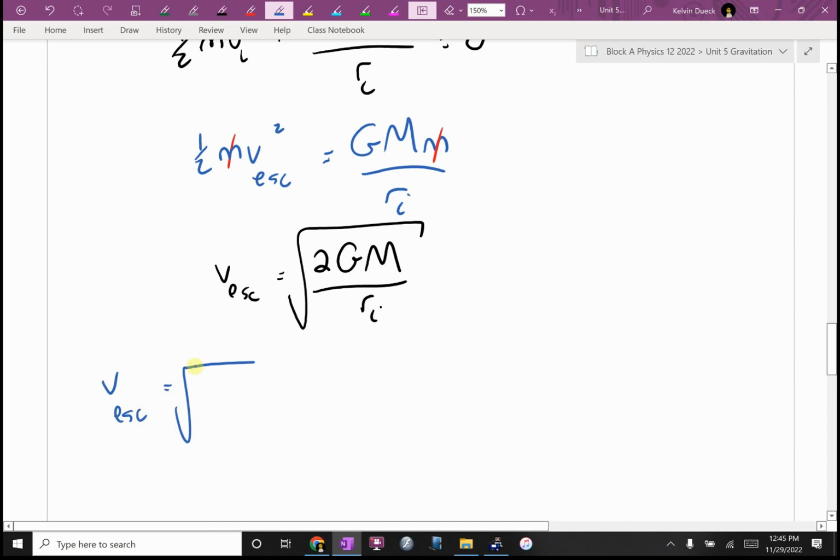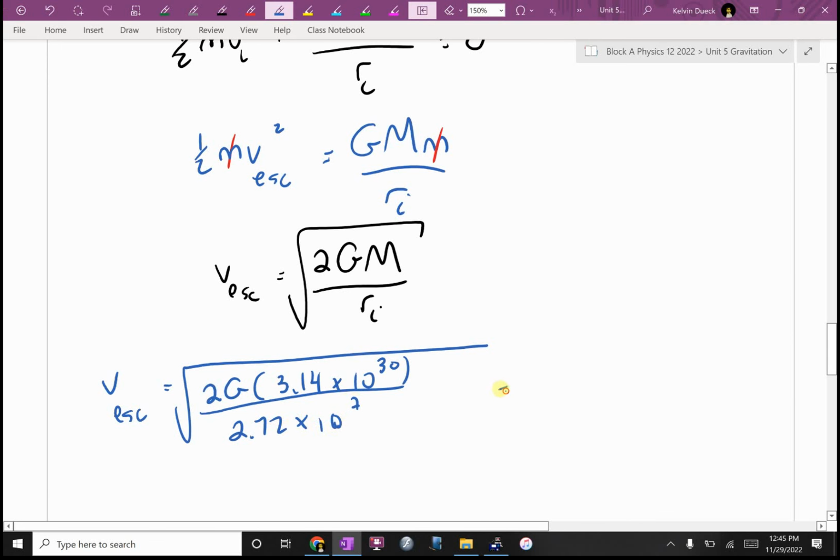Madison, I know you were away, but I've scrolled down. What was the mass of planet Duick? 3.14 times 10 to the what? Sorry? 30? And what was the radius of planet Duick? 2.72 times 10 to the? Okay.